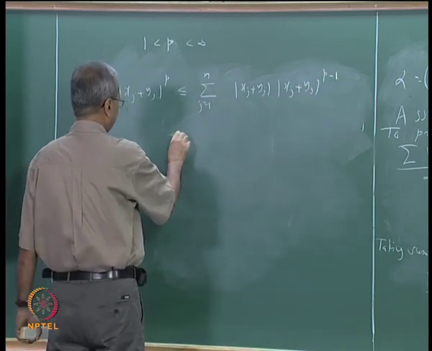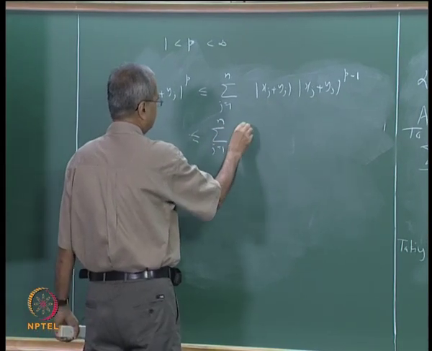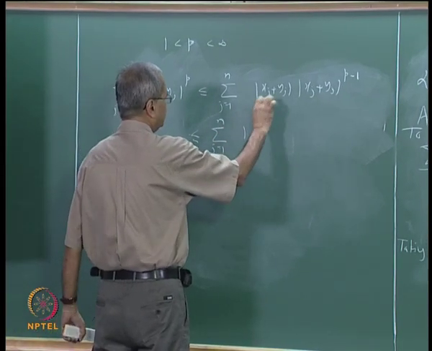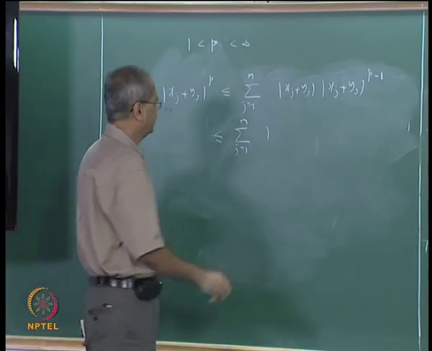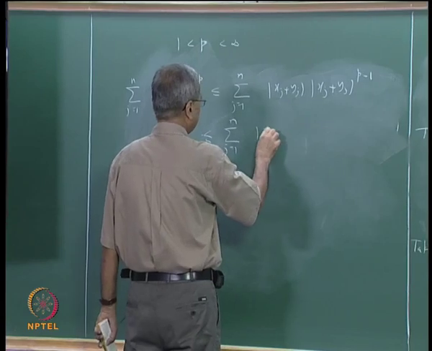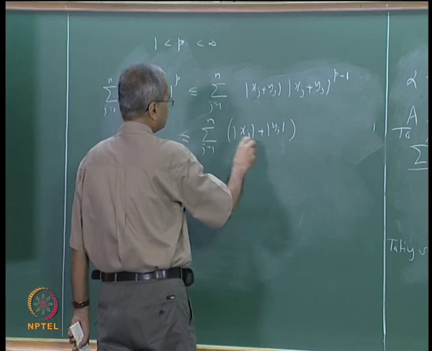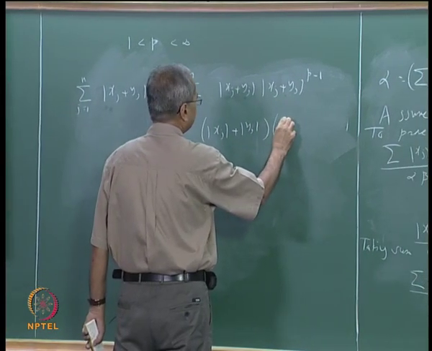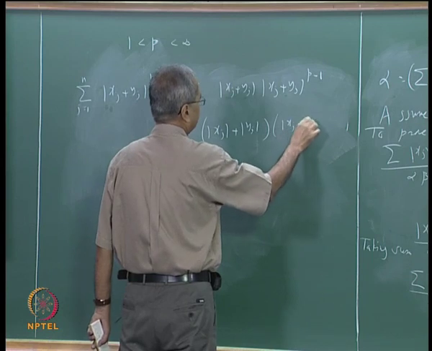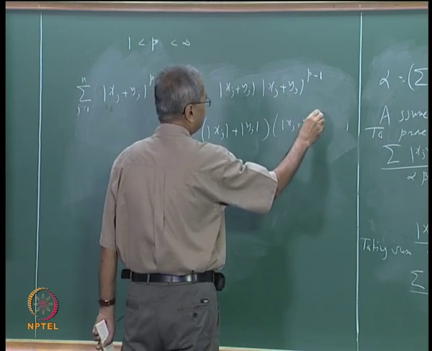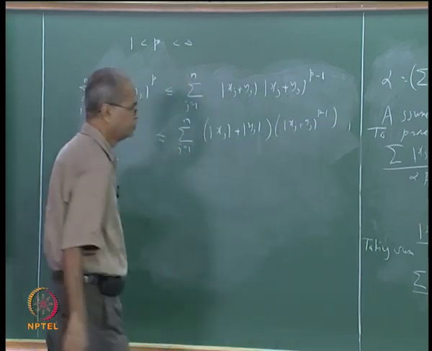I will do this only for the first term. This mod xj plus yj is less than or equal to mod xj plus mod yj, and the other factor I will keep as it is, mod of xj plus yj to the power P minus 1.